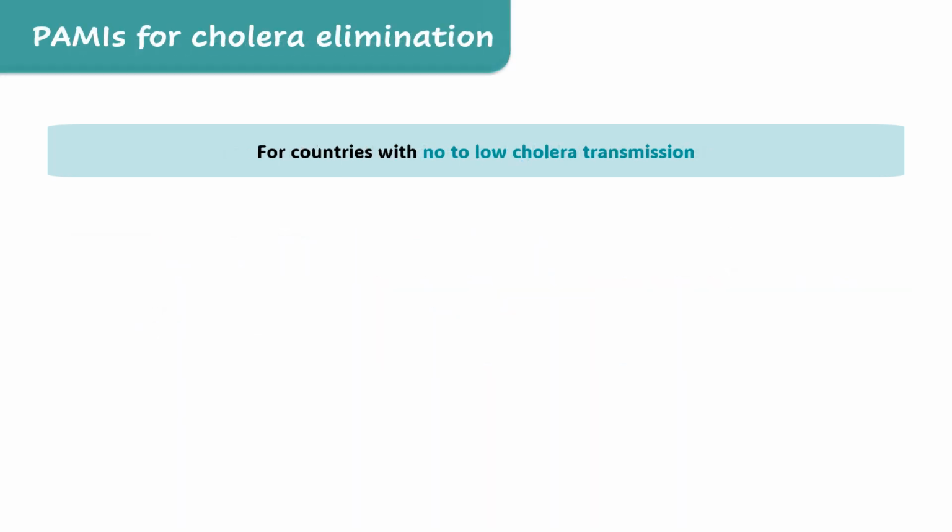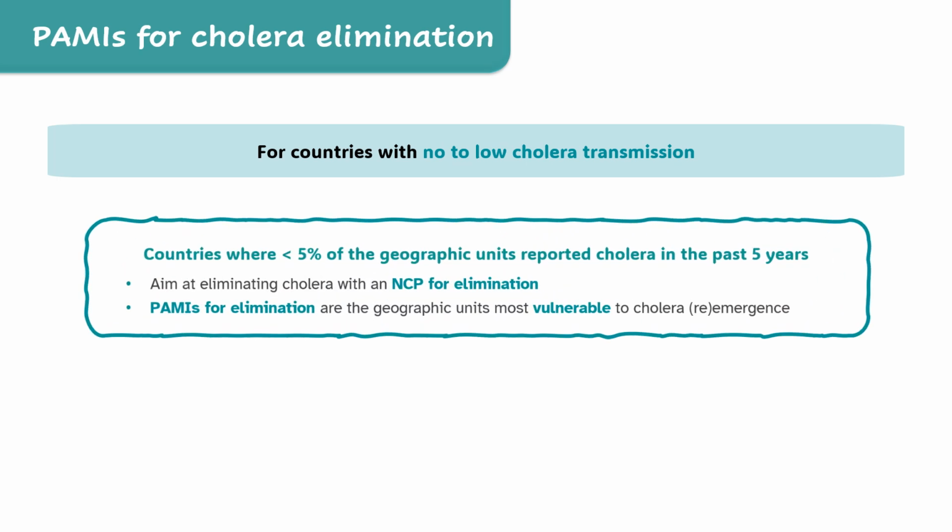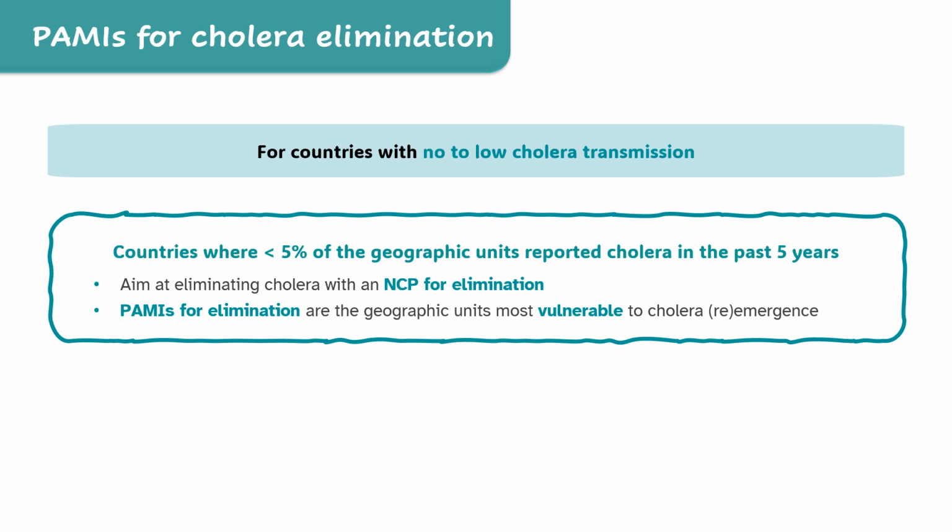The identification of PAMI for cholera elimination is for countries with no to low cholera transmission. As a guiding principle, those are countries where less than 5% of the geographic units reported cholera outbreaks in recent years. In these countries, strategies against cholera should aim at eliminating cholera.